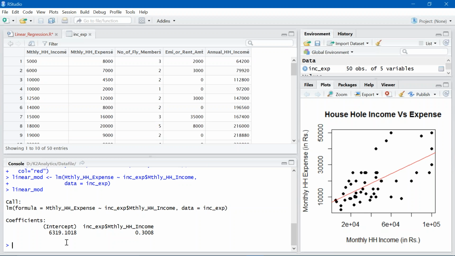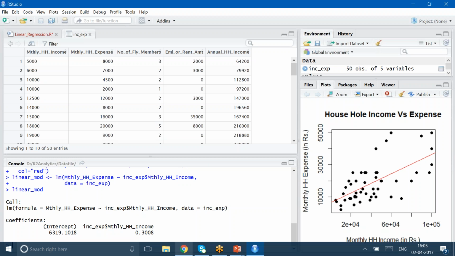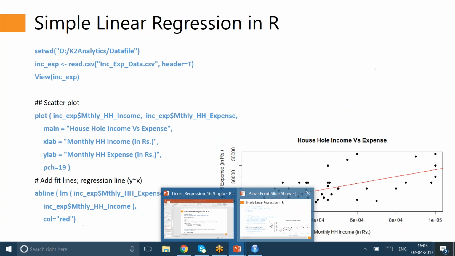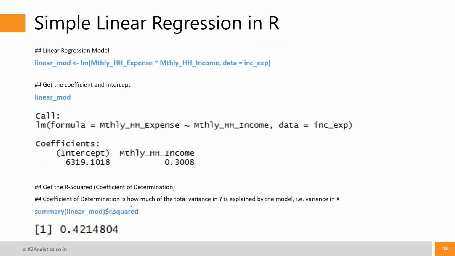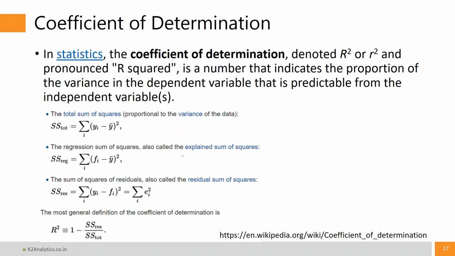So now let us understand how we go about evaluating this model. To evaluate the model, there is a measure called R square, which is called the coefficient of determination. To understand what the coefficient of determination is, let us first understand the definition.